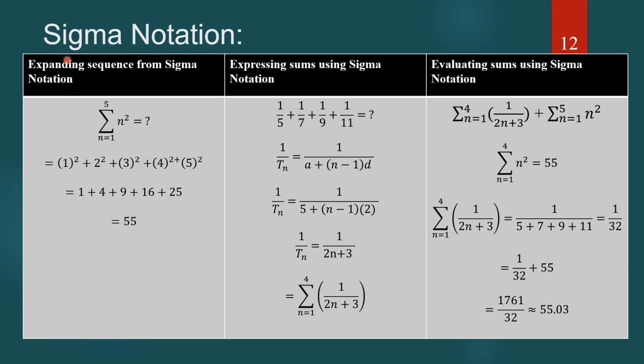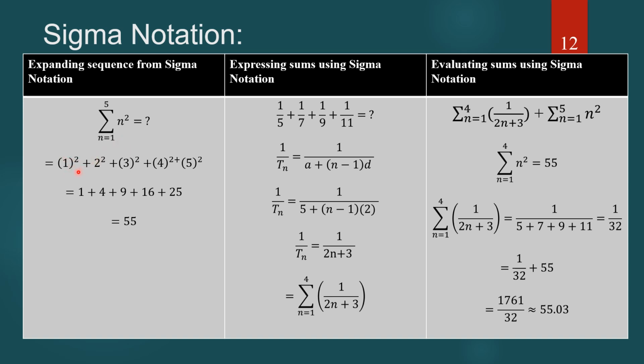Expanding here means you have a sigma notation, so they have a general term here. They are saying find the sum of the terms on the sequence starting from term 1 ending at term 5 using this expression. All we do here is substitute the starting point into this expression as shown, 1.